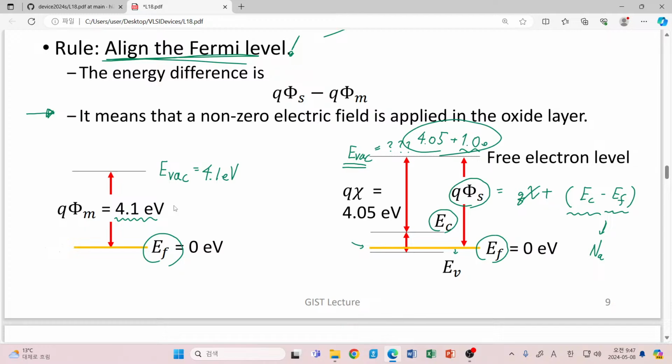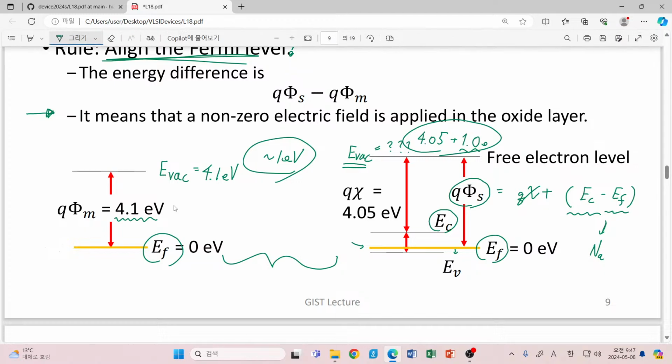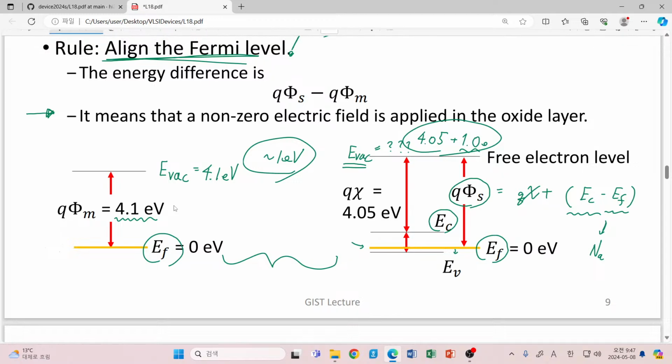And in between, we have a really short distance. Then what does it mean? An energy difference of approximately 1 electron volt is occurring between these two systems. The distance of this system is just a few nanometers thick. So in between we have a really high voltage difference or energy difference in this small system.